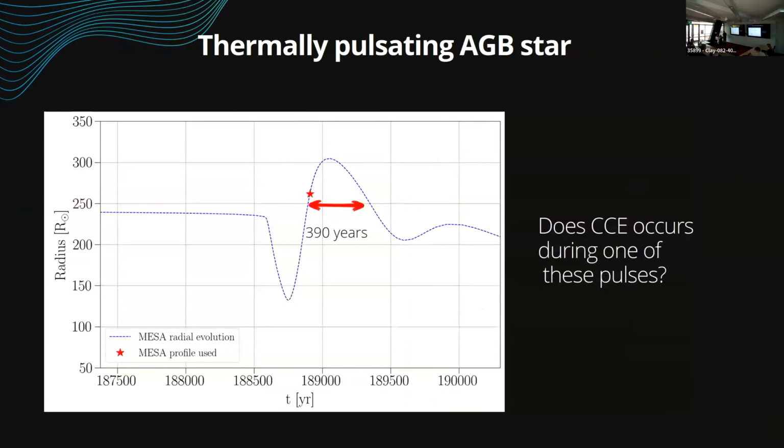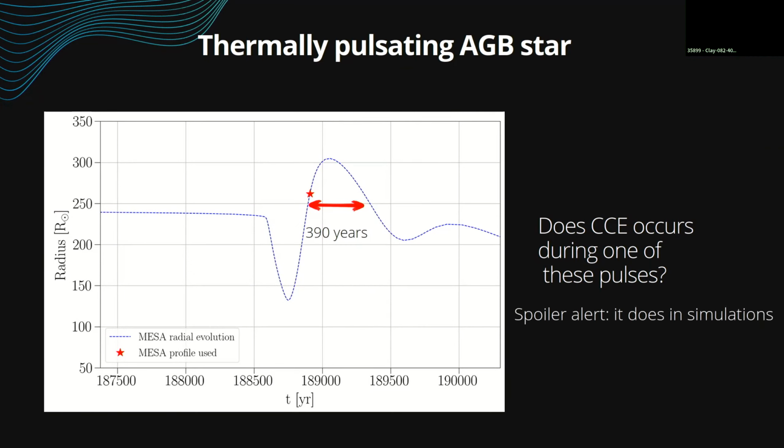So you have to work with a star that is really unstable because it's expanding. Here, the thermal pulse happens in the range between 260 solar radii and a little bit over 300, in a span of almost 2 centuries. So it's a really rapid expansion.